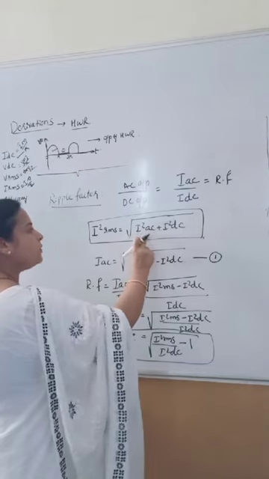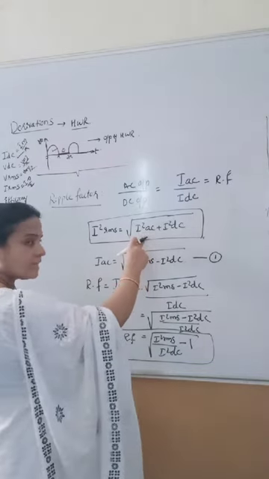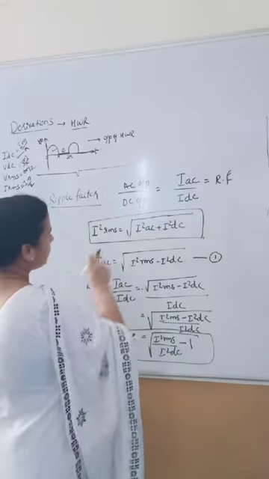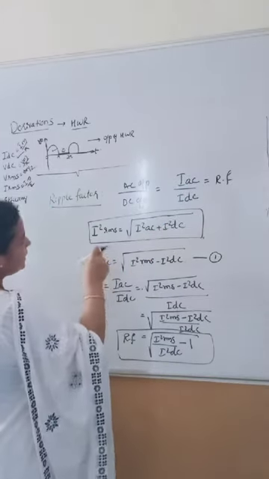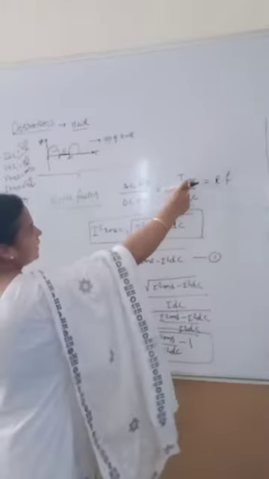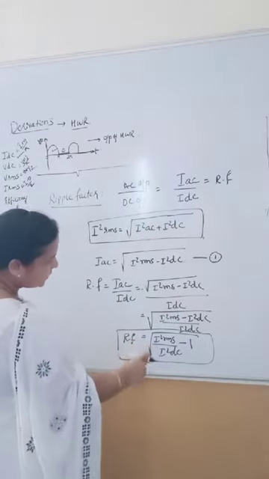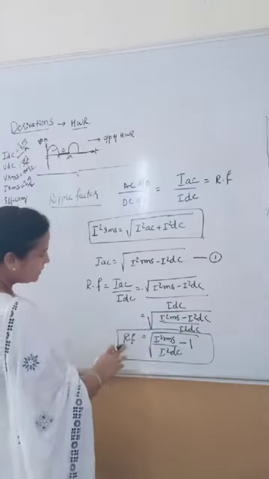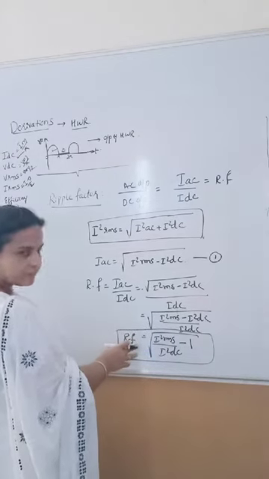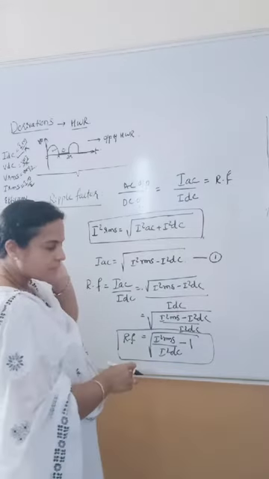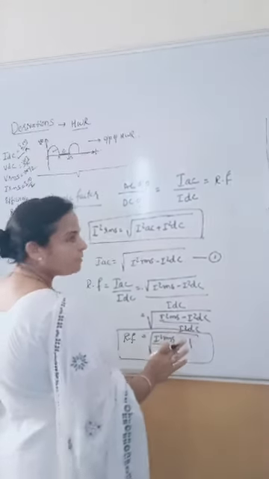From this, I want IAC. Why do I want IAC? Because I want to substitute here for IAC. I took IAC outside. Then this value I have substituted here. This equation is written once again here. After substituting and some adjustments, we come up with this equation. Ripple factor is equal to I square RMS divided by I square DC minus 1.